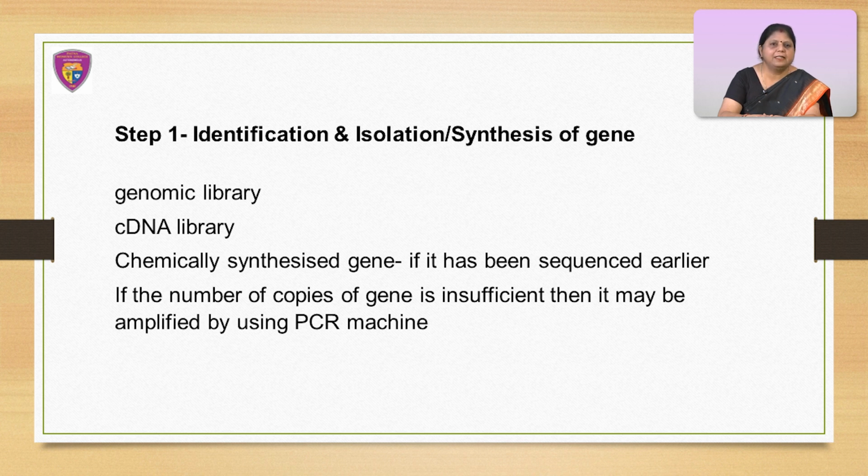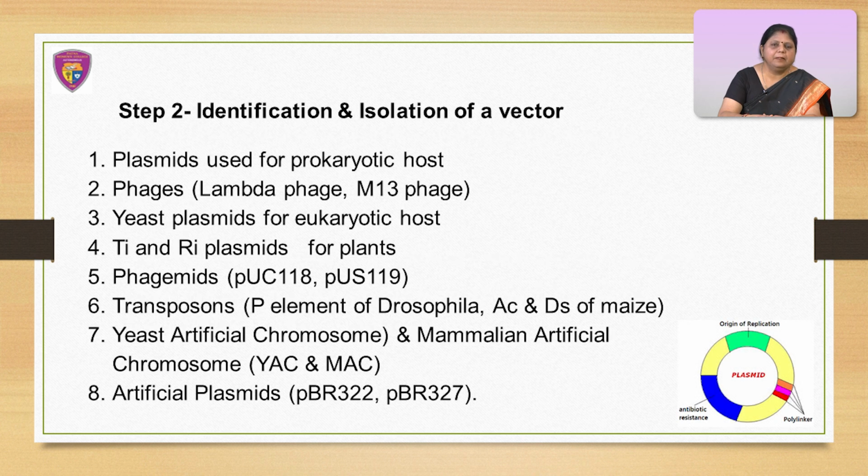In order to understand the process, let us have a look on the protocol used for the production of insulin. Here, insulin gene is the desired gene of interest, which has been taken from the genomic library. As we know that genomic library is the source where we can keep our gene of interest after identification and isolation.